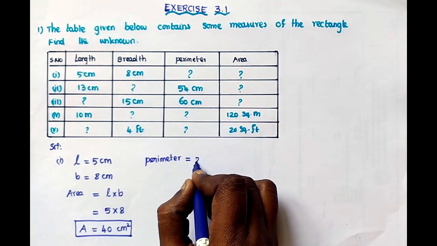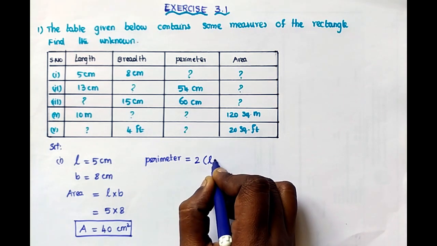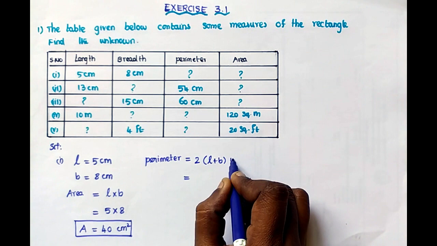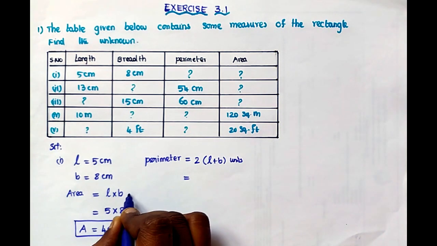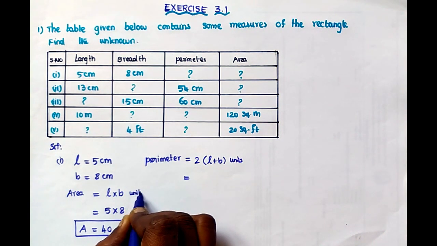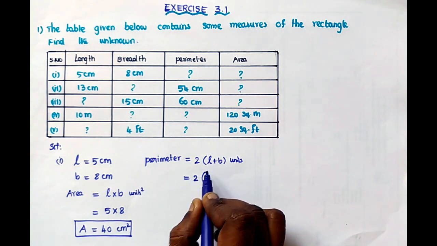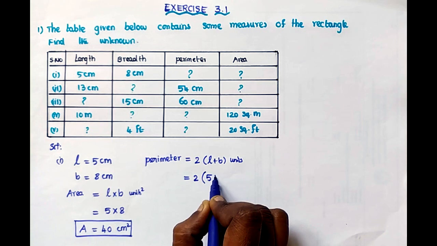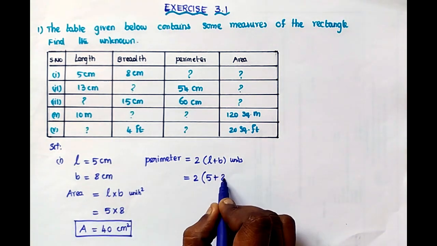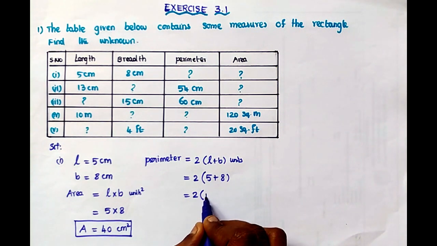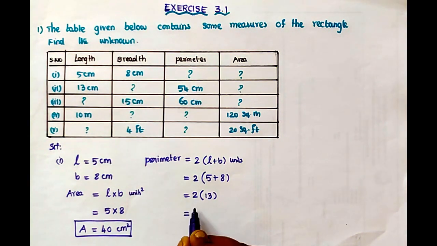As a formula, 2 into (L plus B) units. Here, for area it is square units; for perimeter, just units. So 2 into, what is L here? 5 plus B is 8. So 2 into (5 plus 8), 13. That is 2 13s are 26 centimeter. That is perimeter.